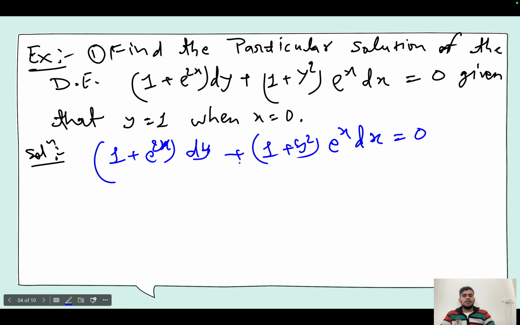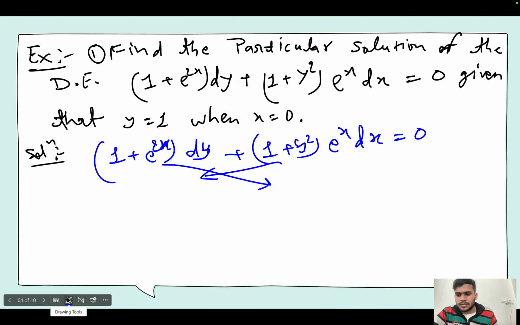Now use the variable separable method. What will happen? Send this thing here and this thing here.